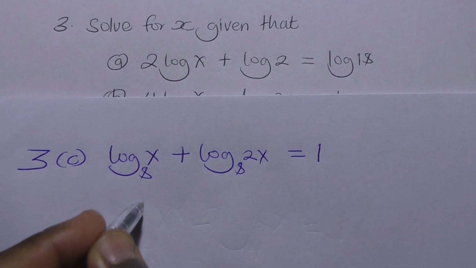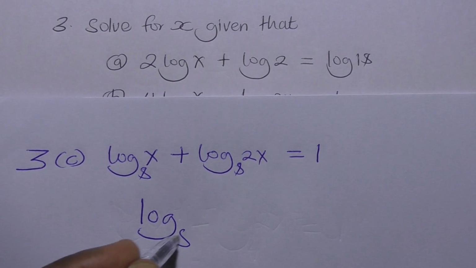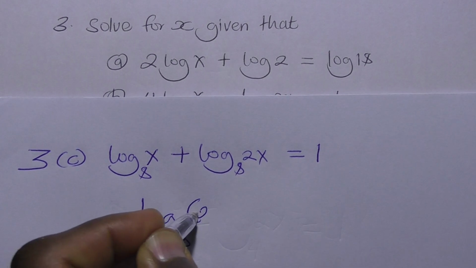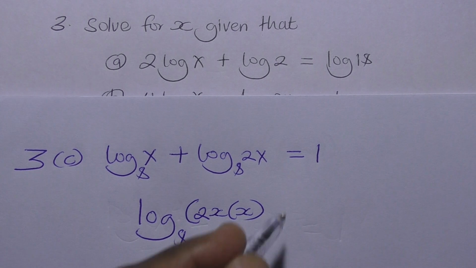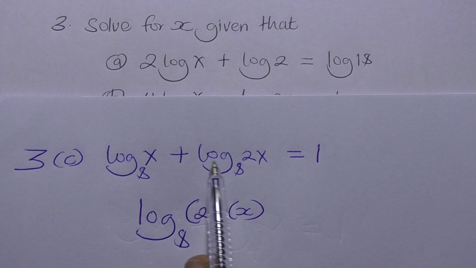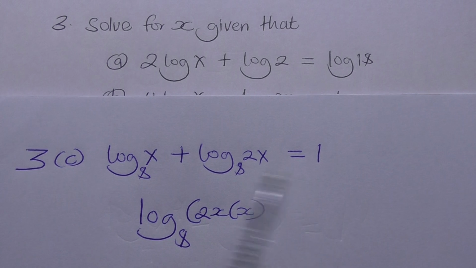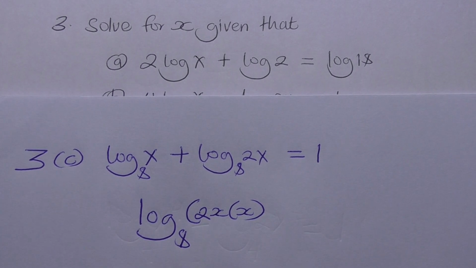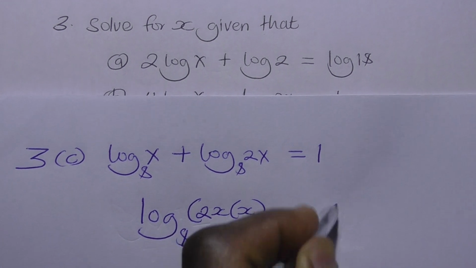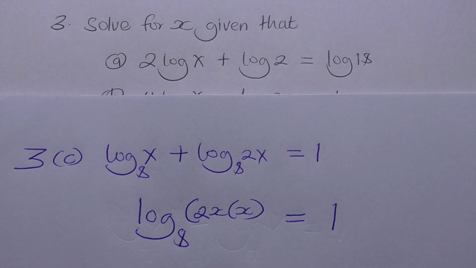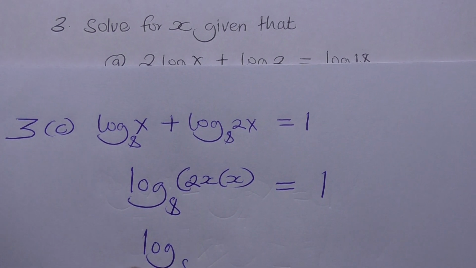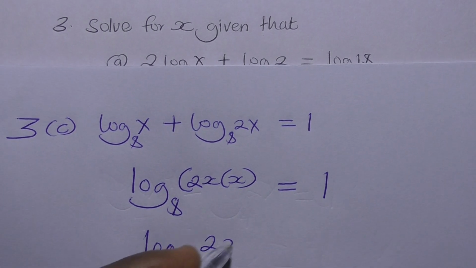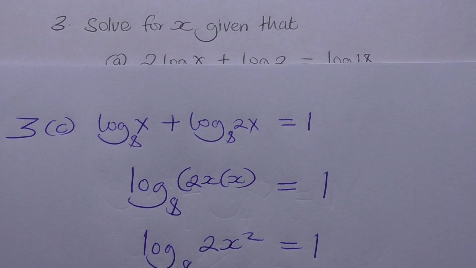So that will give us log 8 of x times 2x, because multiplication is commutative. When we multiply, we end up with log 8 of 2x squared equaling 1.